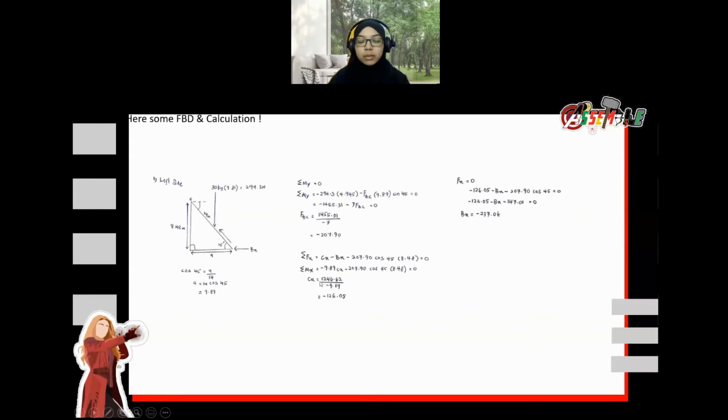Then we solve it and we got the value of Cs negative 126.05 Newton.